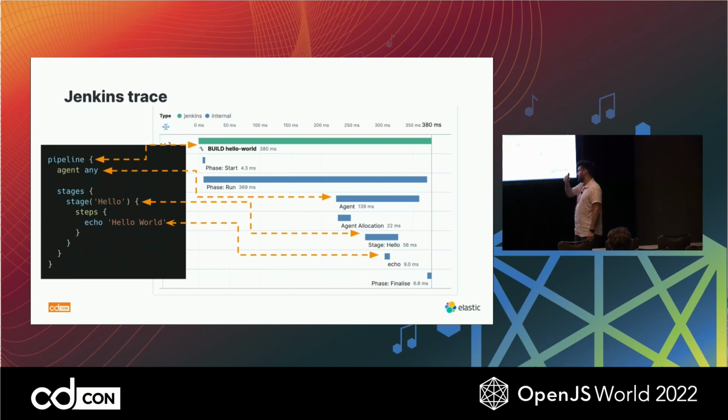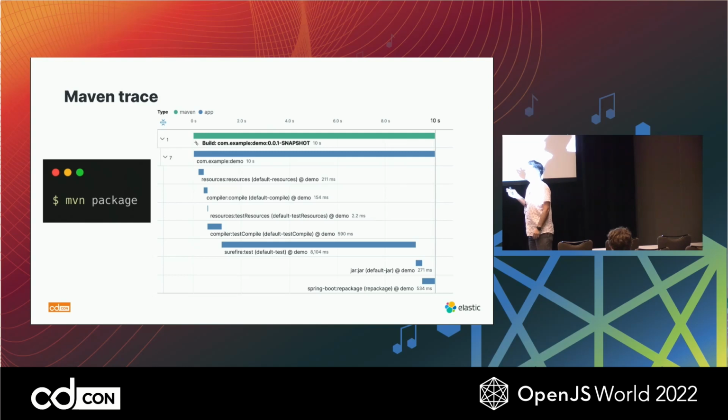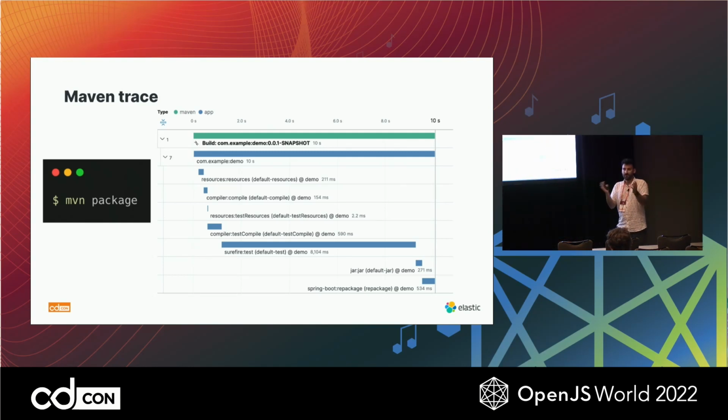It works for traditional jobs, such as freestyle jobs, if you're familiar with Jenkins, pipelines, or matrix jobs, and so on and so forth. Another integration we made was a Maven extension. Maven is the build system for Java. It's a well-known opinionated system, and it works based on goals, and every goal can be a meta goal that runs another subset of goals.